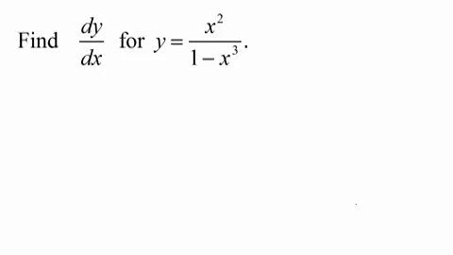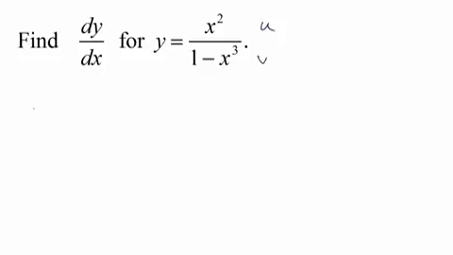Find dy/dx for y equals x squared over 1 minus x cubed. So let's call the numerator u, and let's call the denominator v.